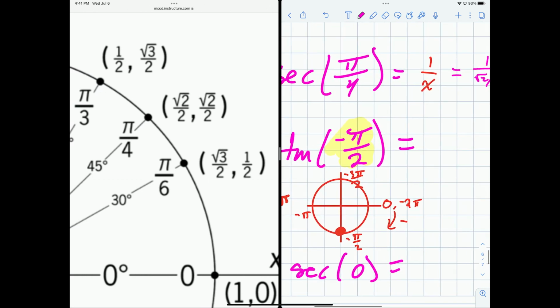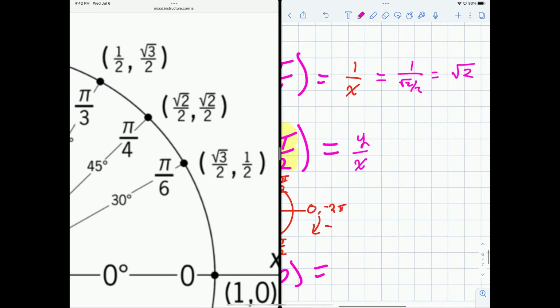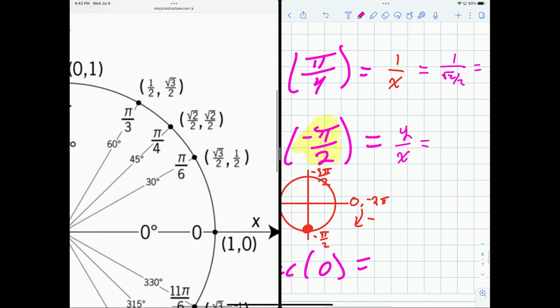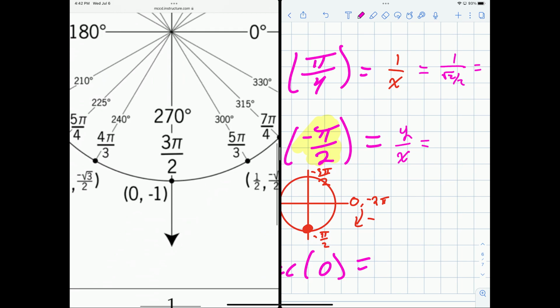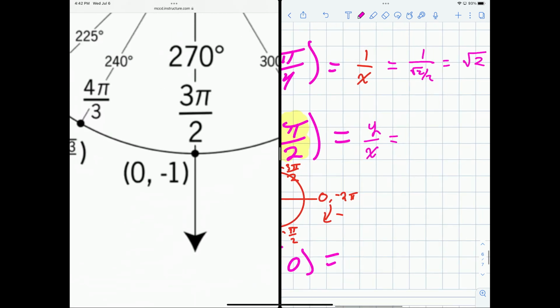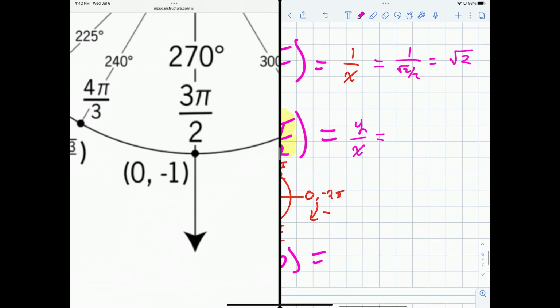Next one is tangent. We know that tangent is y over x. So we need to find the angle, negative pi over 2. We talked about where it is. It's down here, where 3 pi over 2 is. So the y value is negative 1, and the x value is 0.